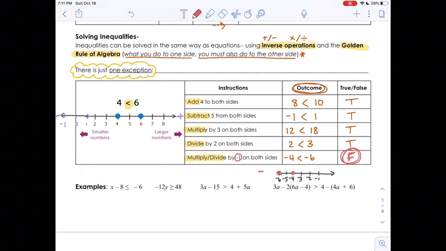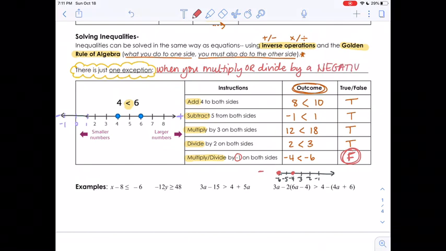There's just one exception, and that is when you multiply or divide by a negative, you must flip the inequality.